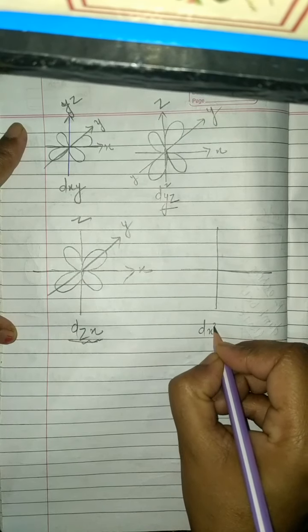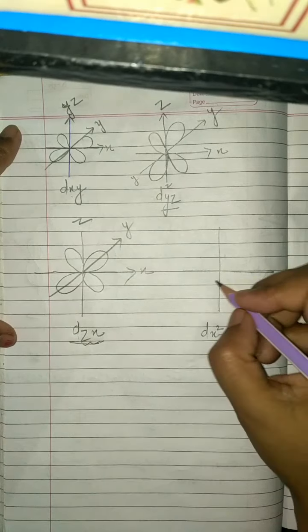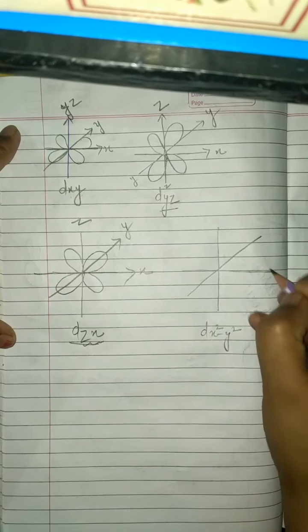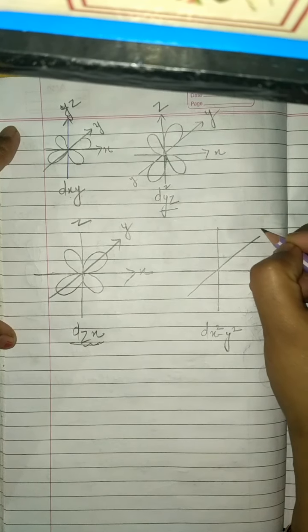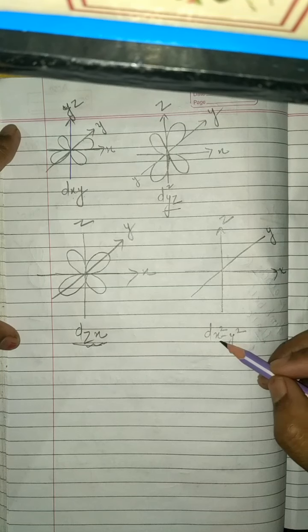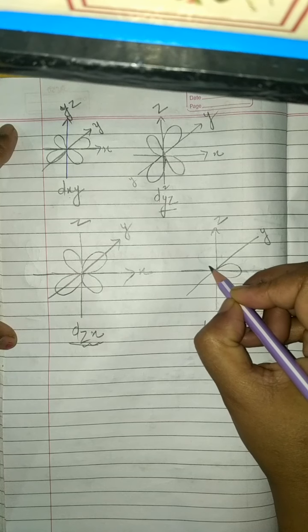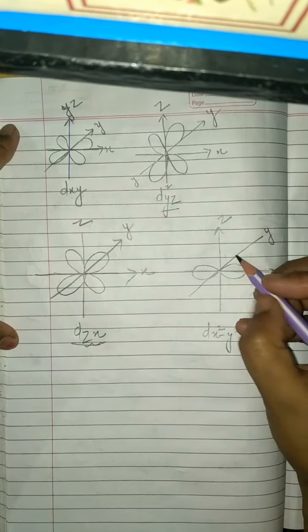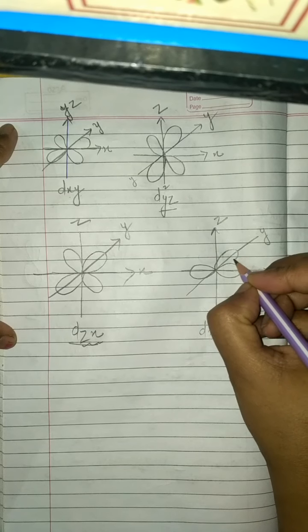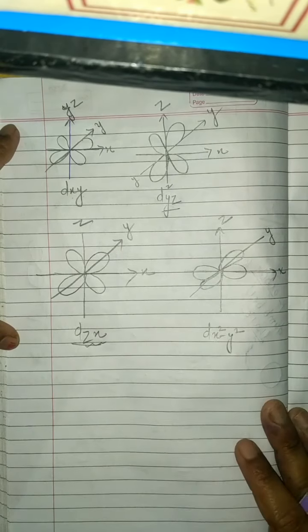Next is dx square minus y square. x, y, z. These lobes are present on the x-axis and also on the y-axis.